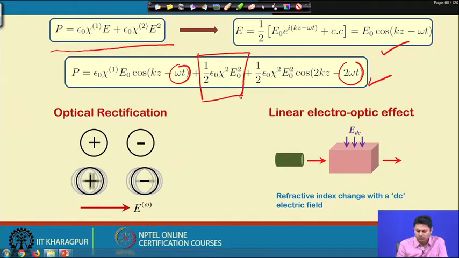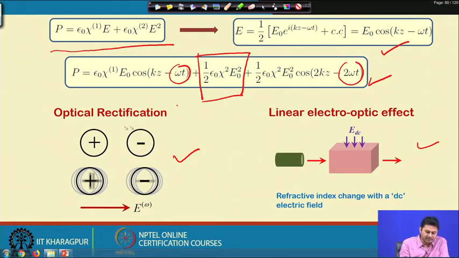Here two figures are there, this is one figure and this is another figure. Let us first try to understand the schematic figure of optical rectification. In the first case we have the location of the dipole, the charges of the dipole, well separated. Now if I apply some kind of electric field, these charges are going to vibrate.